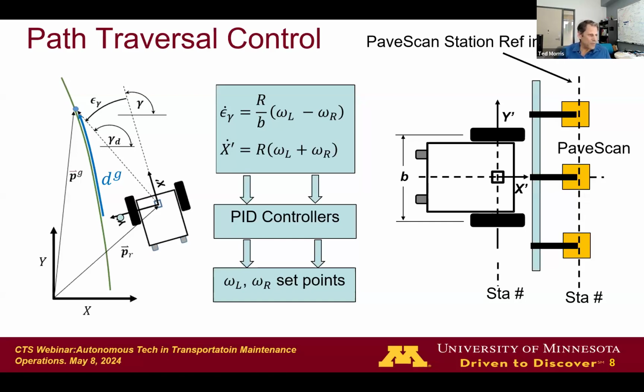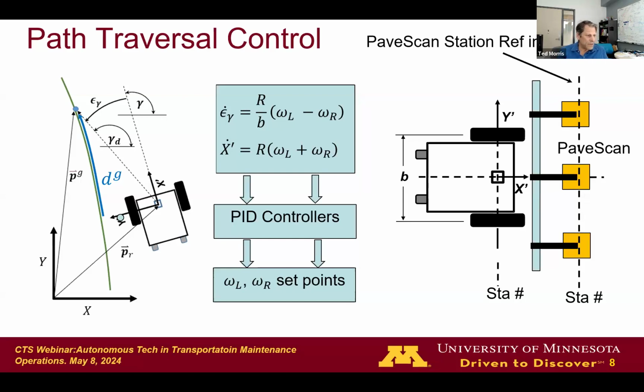So I swear this is the last equation, nothing more than this for the rest of the talk. I just wanted to mention unicycle control for those of you that don't know. It's just very simply to control your angle. It's just simply the difference of the speed of the left wheel and the right wheel, and then the speed of the robot moving forward is actually an average, I should say, R/2, an average of the left and the right wheel speed or displacement.